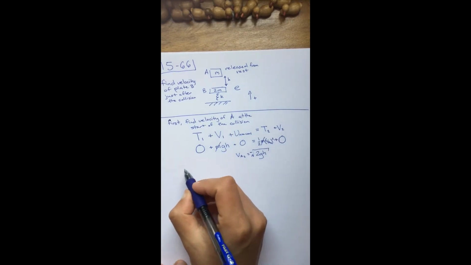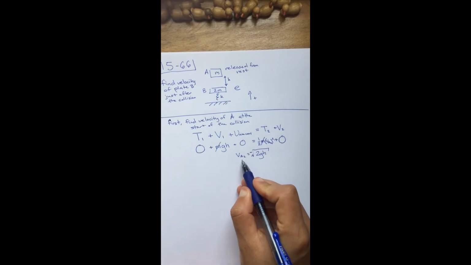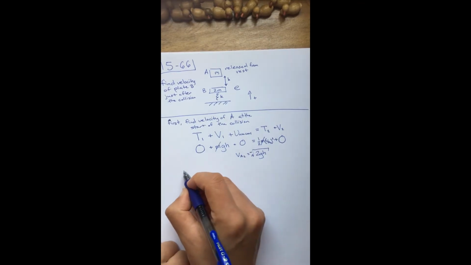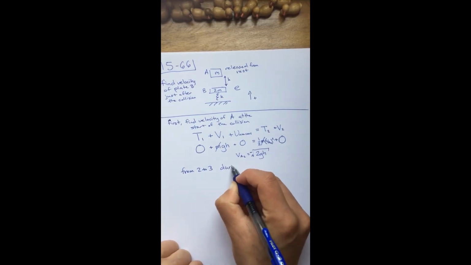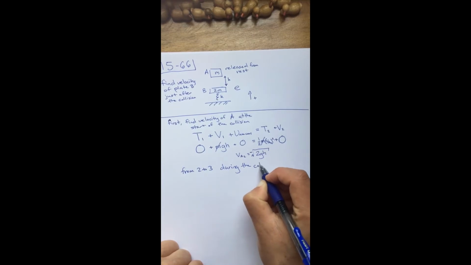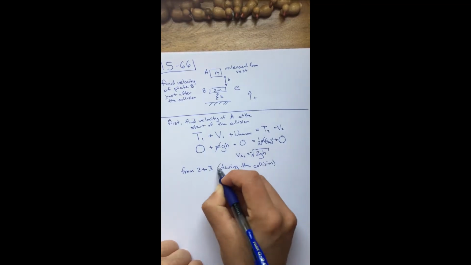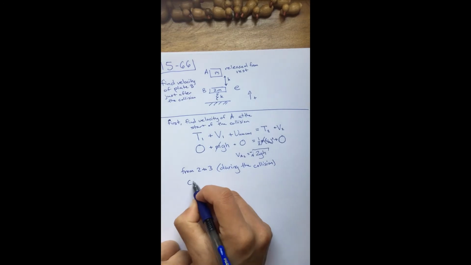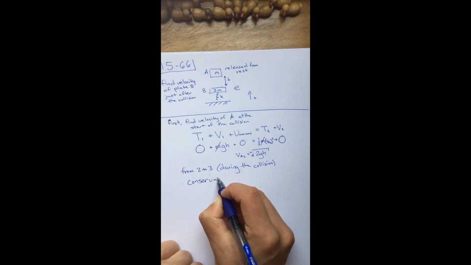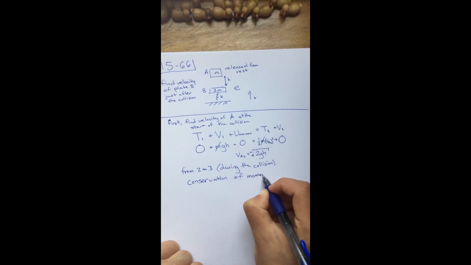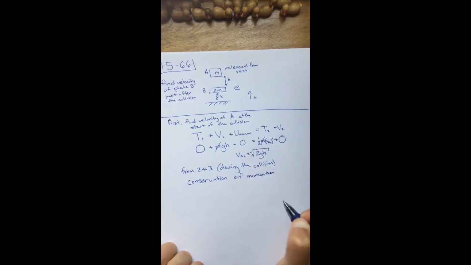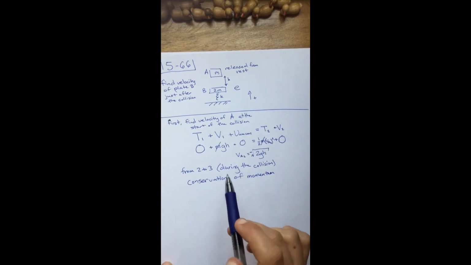Now we're going from event 2 to event 3, which is right after the collision. So let's say from 2 to 3, which is during the collision. We're going to use conservation of energy. Oops, not conservation of energy. We're going to use conservation of momentum. And using the impulse approximation, we have no impulse acting on the system of A and B during the collision.